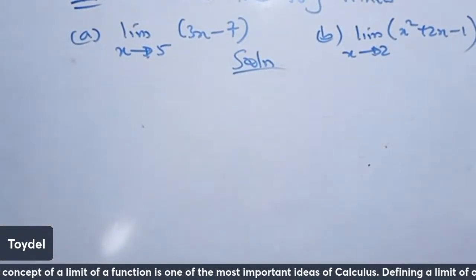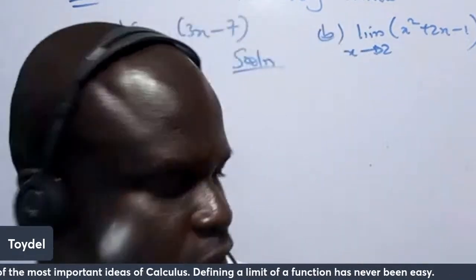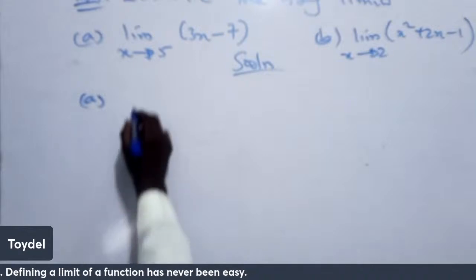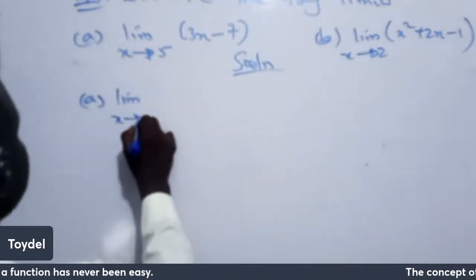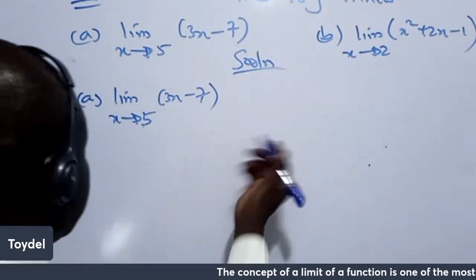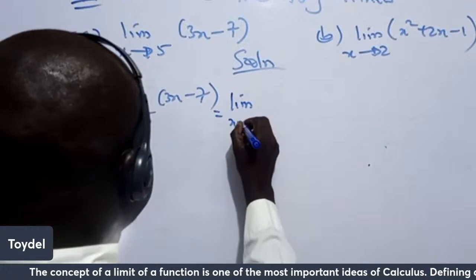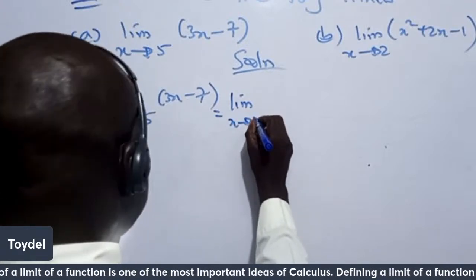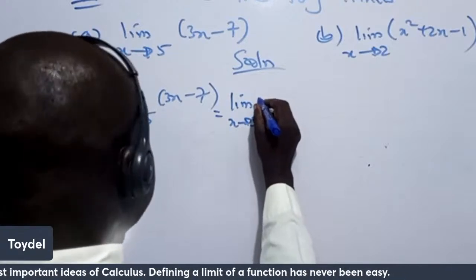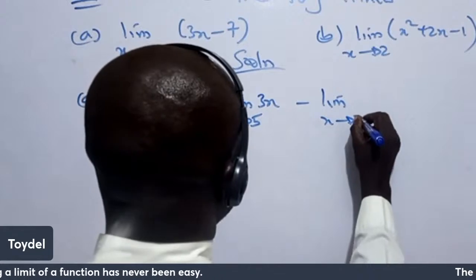In this case is where we have addition and subtraction. Of course, it's very simple. Just go ahead and substitute directly. That is, when we have the limit as x tends to 5 of 3x minus 7, we can split it and say the limit as x tends to 5 of 3x minus the limit as x tends to 5 of 7.